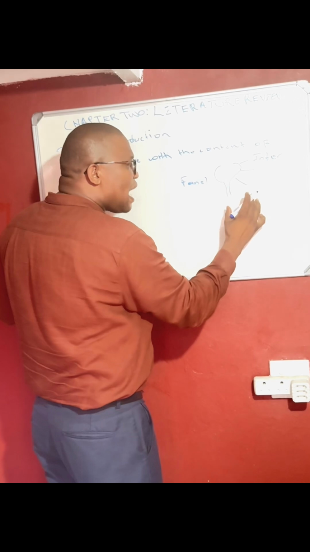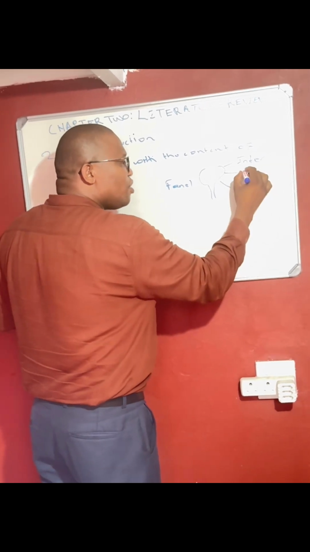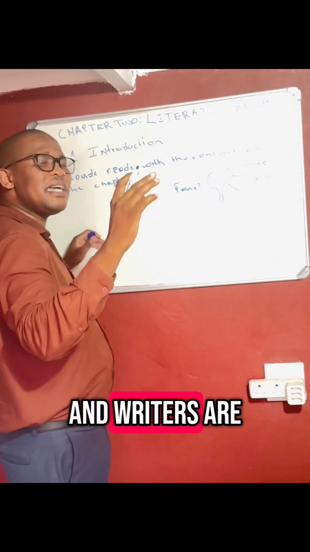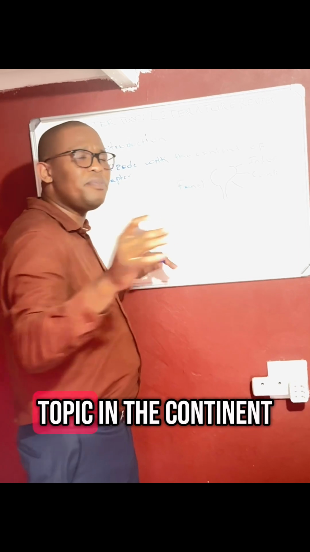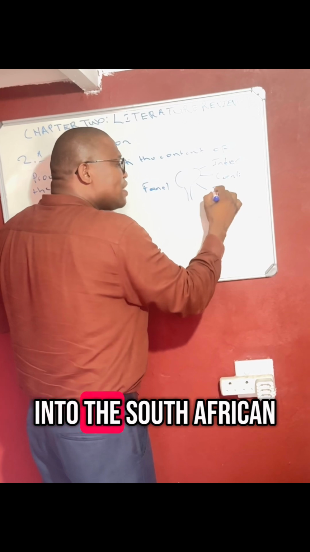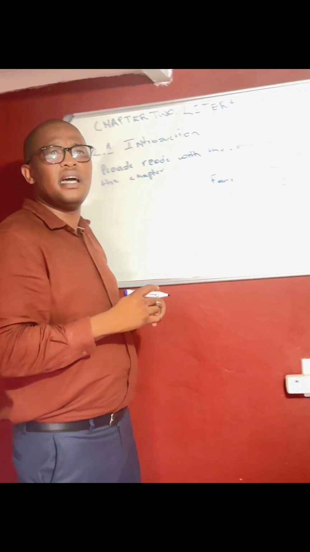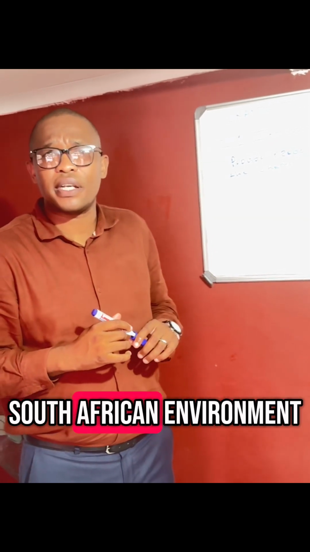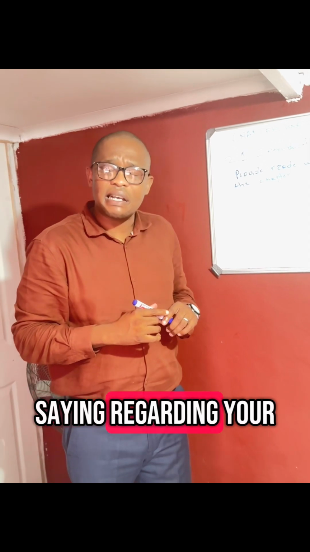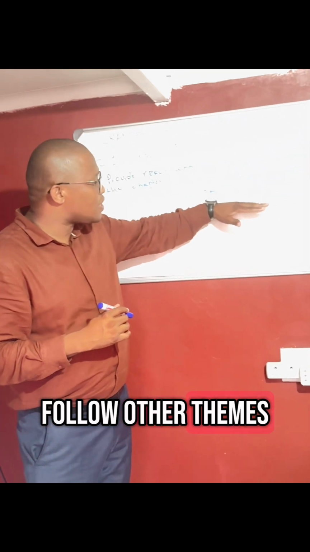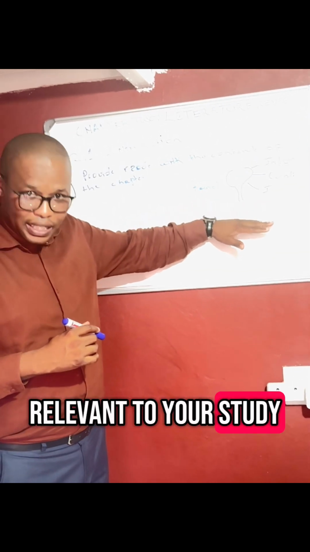You bring it down to your continent: what other scholars and writers are saying about your topic in the continent. You bring it into the South African perspective. What are the scholars within the South African environment saying regarding your topic? Then follow other themes relevant to your study.